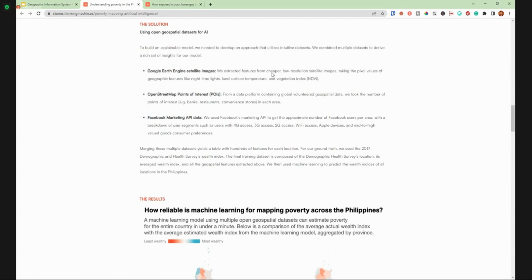Basically, gumamit kami ng data sets that would somehow infer that an area is rich or poor. For example, kung malapit ako sa isang bangko, then the likelihood of me being rich would be a bit higher.